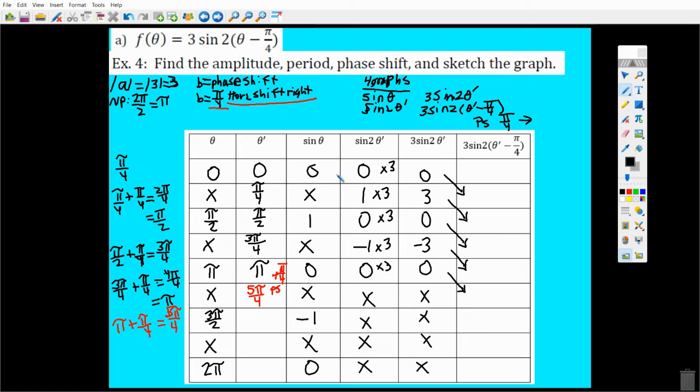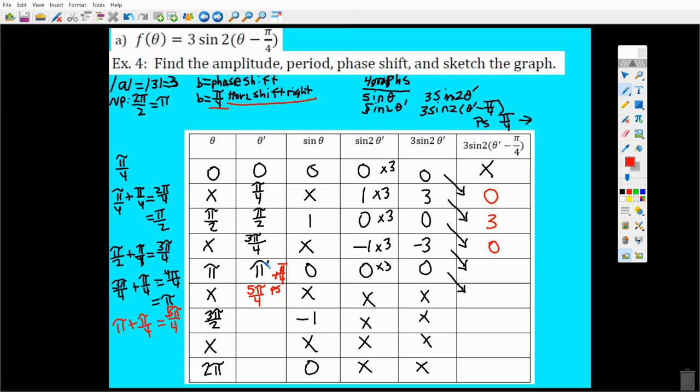So at 0, we're not going to have any dot. At pi over 4, that's when our graph is going to start. So I'm going to put 0 is where it starts. At pi over 2, the 3 is going to be shifted over. At 3 pi over 4, the 0 will go here.